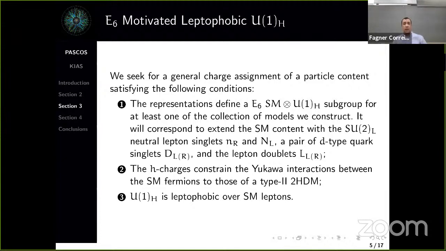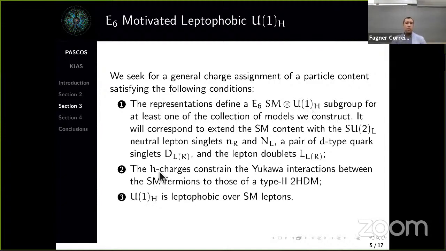And what does that mean? That means that we should add SU(2) neutral lepton singlets. We call these N_R and N_L. A pair of quark singlets, this is the D_L, D_R, and lepton doublets, L_L and L_R. So the H charges, I call H charges the charges of this new U(1), and this index H here is by the fact that the second Higgs doublet is charged under this new U(1) as well.